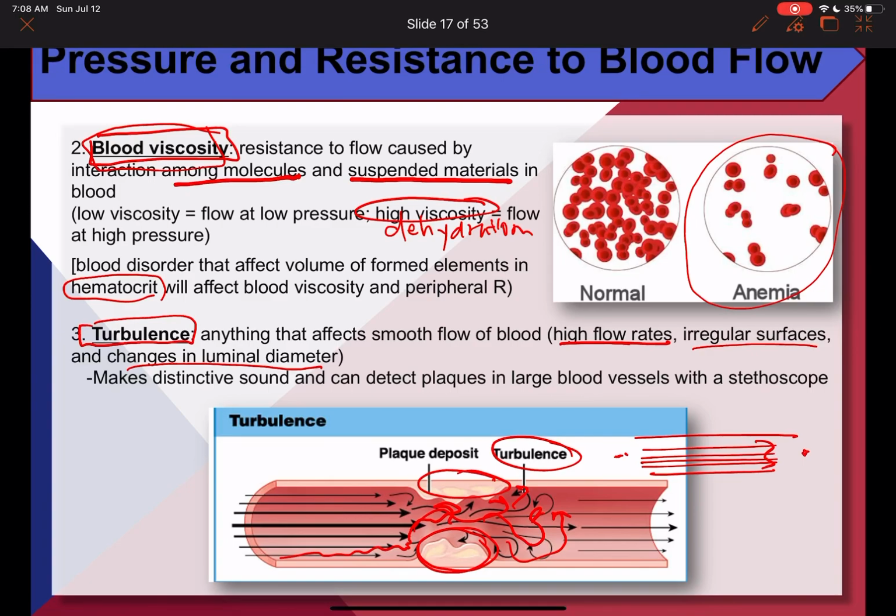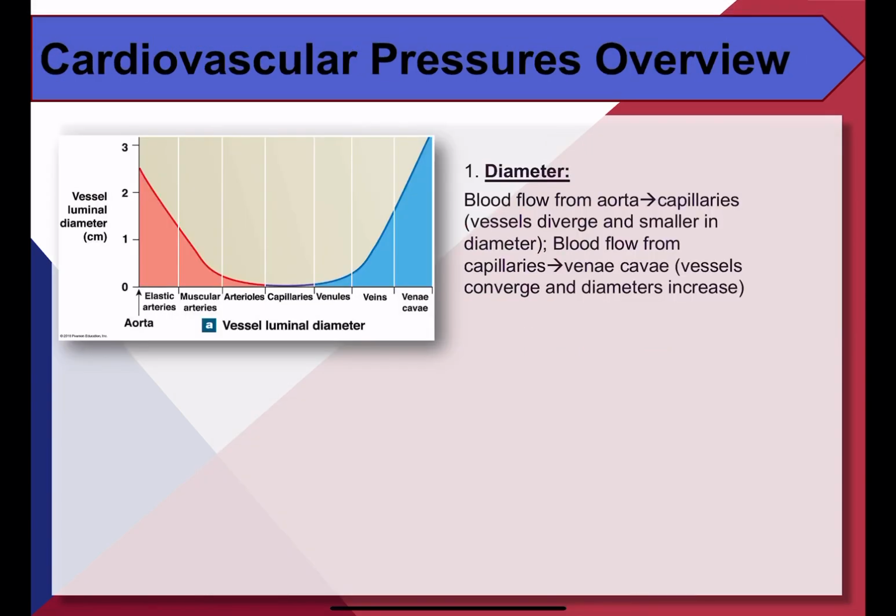Those will overall increase or decrease your resistance, which then will require different amounts of pressure applied, for example, those coming from the heart, in order to propel the blood along in the circulatory system. So as a summary, these different factors within the blood and blood vessels contribute to the amount of pressure your heart has to generate in order to allow blood to flow nicely throughout your entire cardiovascular system.